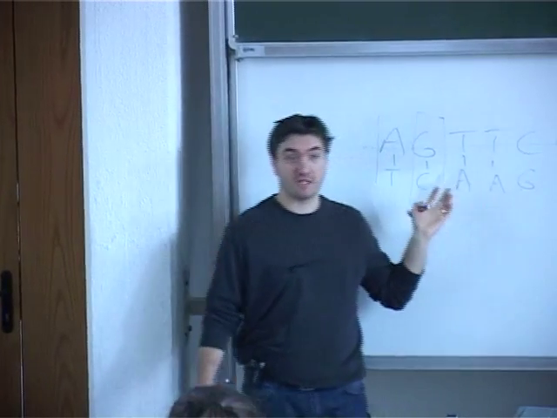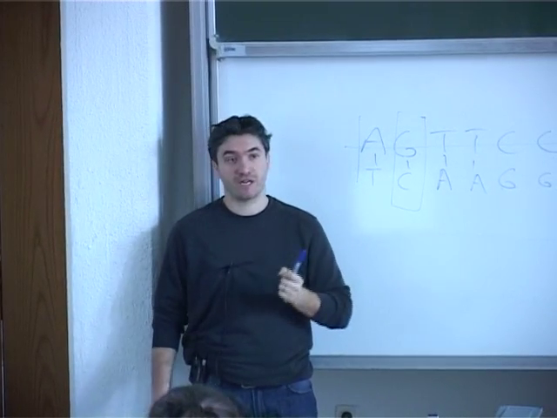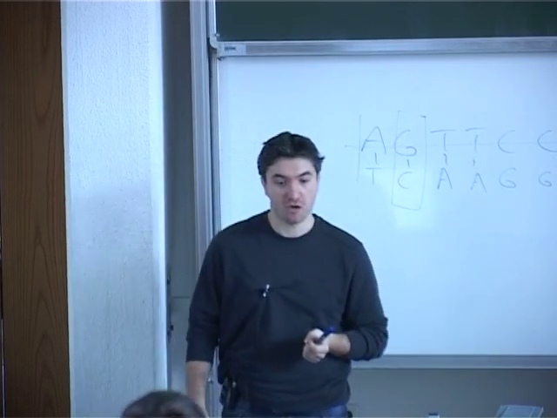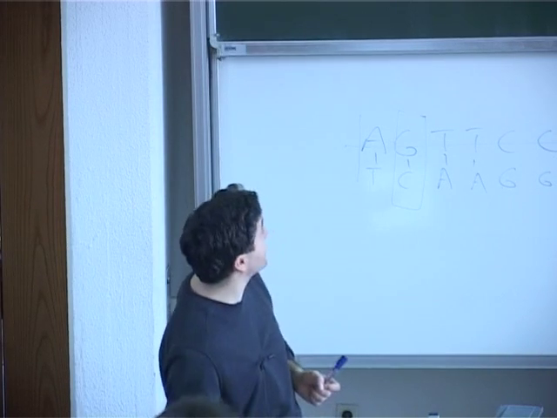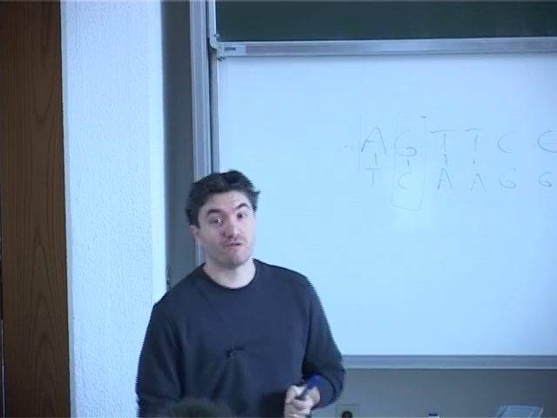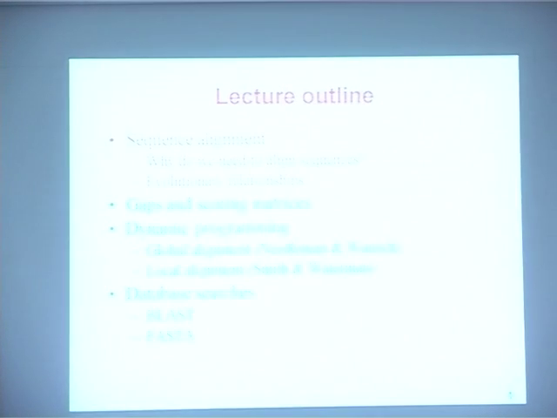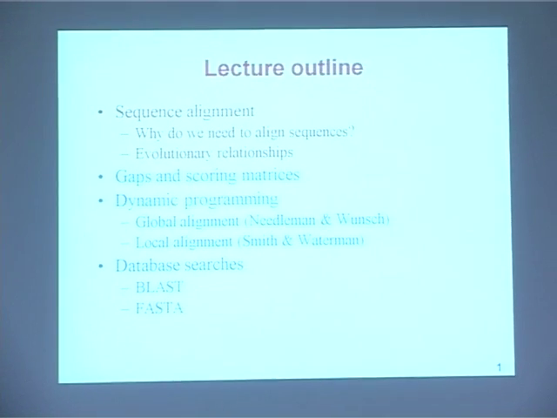When biologists discover these genes, the first thing they do is ask, is this homologous to a previously known gene? And they use BLAST for that. BLAST is the most popular tool for this purpose, because BLAST has a database which contains a lot of known genes with known functions.